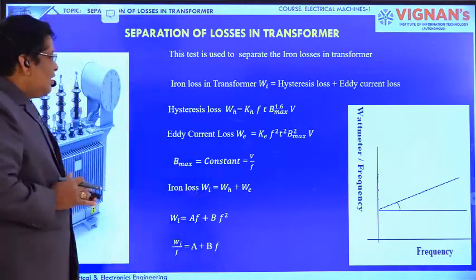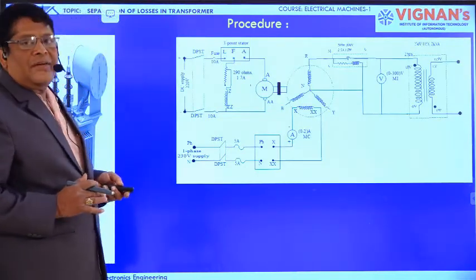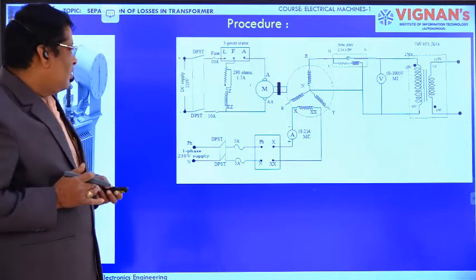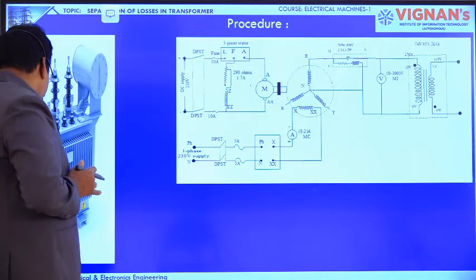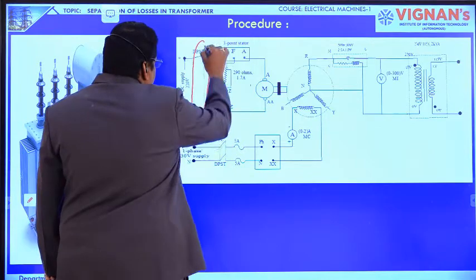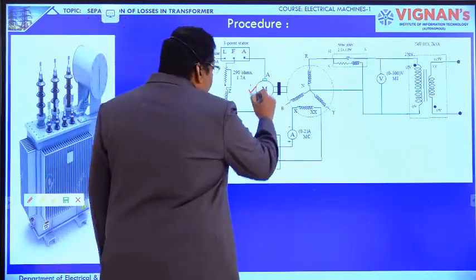That we will see. This is the circuit diagram for the separation of losses in a transformer. See here, if you observe the circuit diagram, this is the DPST switch, this is the DC supply, this is the DC motor.